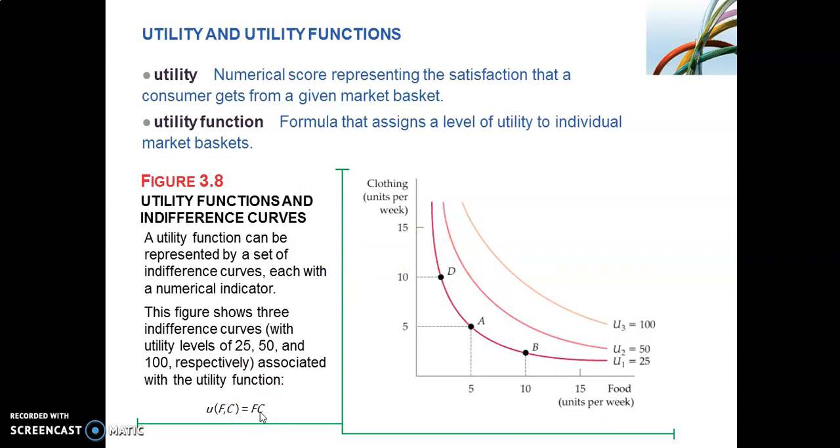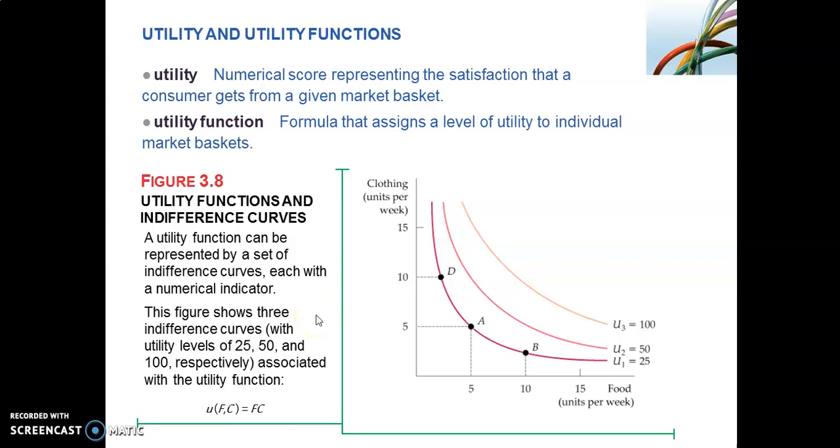Utility is a function of food and clothing. So if we just look at the variables in the brackets, remember when you were to read coordinates, you would read your x first and then your y. So now we know that our food would be plotted on our horizontal or x-axis. Remember that in future when you see a utility function as such and you need to determine which is plotted on the horizontal and the vertical axis.